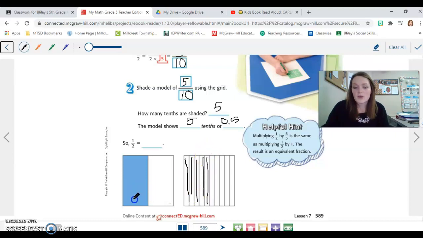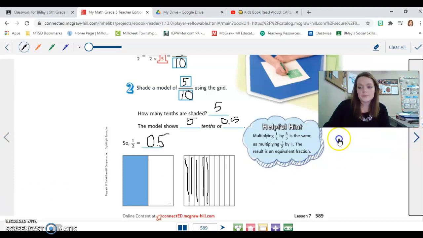If we were to put these side by side, we would see that they are the same. So 1/2 is the same as 5/10. A lot of the language that we used in Chapter 7 will be reintroduced during this lesson.